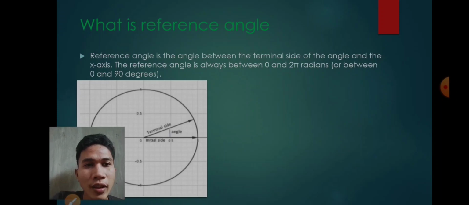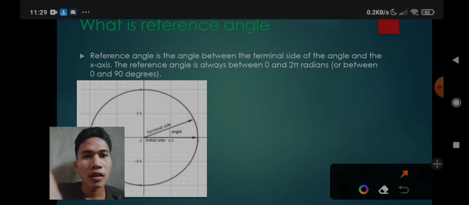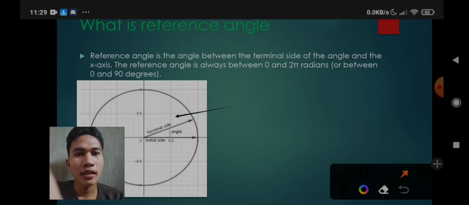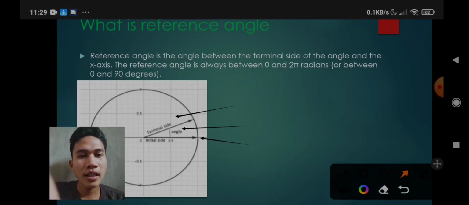So in the unit circle, this is the terminal side, and this is the angle, this is the x-axis, or this is the initial side.